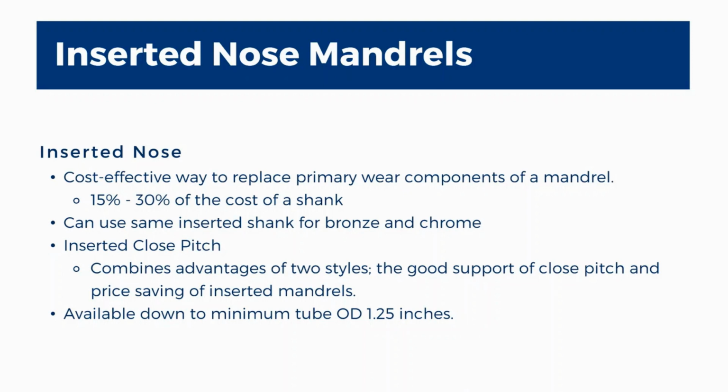If you have high volume applications or need more versatility for different materials of the same OD and wall thickness, using an inserted nose mandrel can be an excellent and cost-effective solution. The cost of the nose is about the same as the cost of a ball. This option is available for all mandrels as small as 1.25 OD.